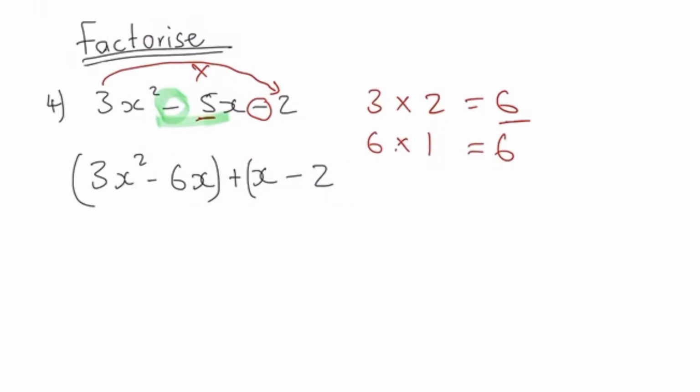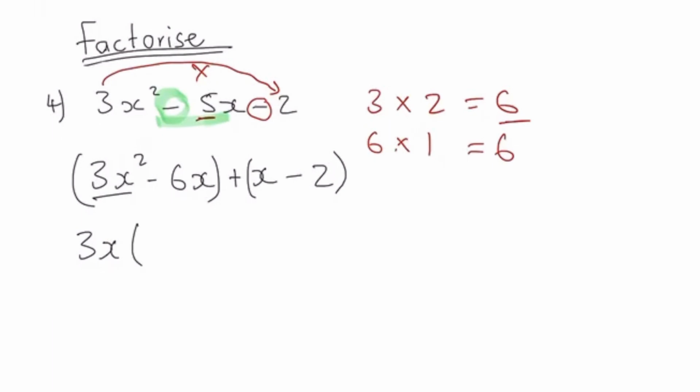Okay, now our next step is to factorize each and every one. From here we can take out 3. 3 is common, so take out that 3. From here we can take out x to the power of 1, which is present in both terms.